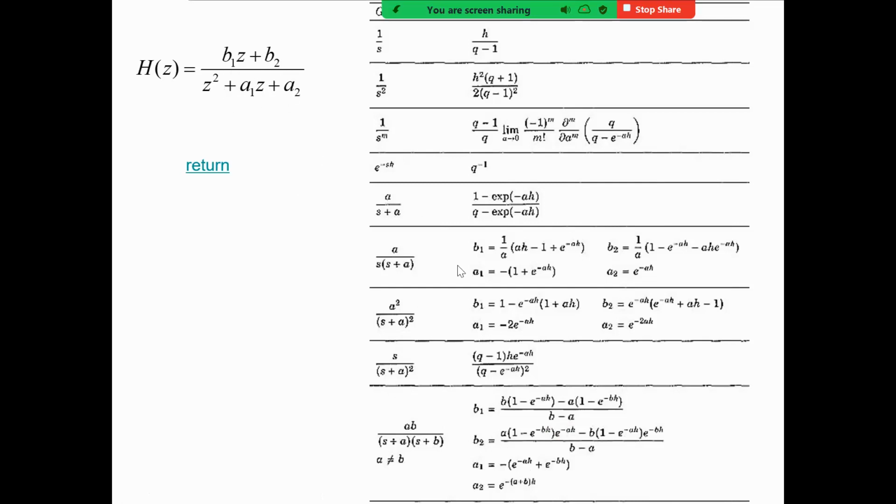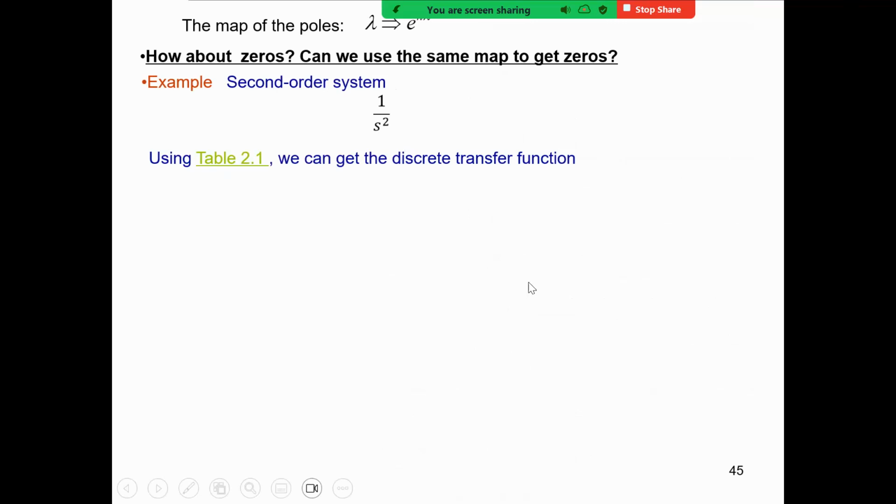Those are the coefficients in those polynomials. But I want you to pay attention to this one. You use this table, you can get the transfer function of the discrete time for the double integrator. We get this transfer function.